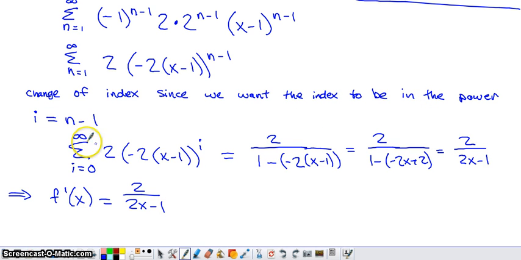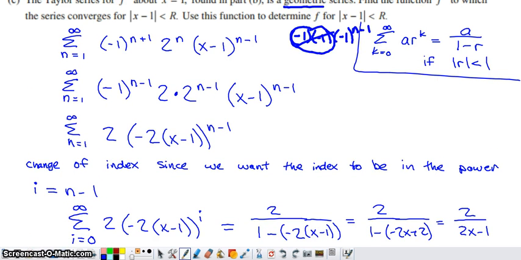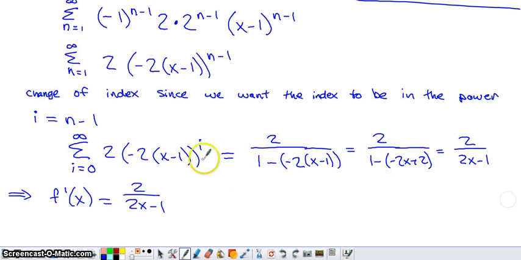This is pretty nice because now what we've built is a geometric series that fits this definition back here. And this geometric series is going to converge to a, which is the coefficient out here, over 1 minus r, which is this base that's raised to the power represented by the index. If you simplify that a little bit, you end up with 2 over 2x minus 1.